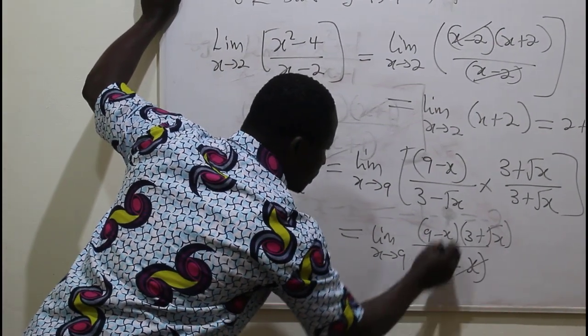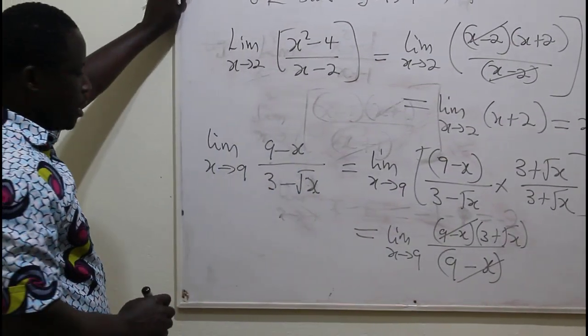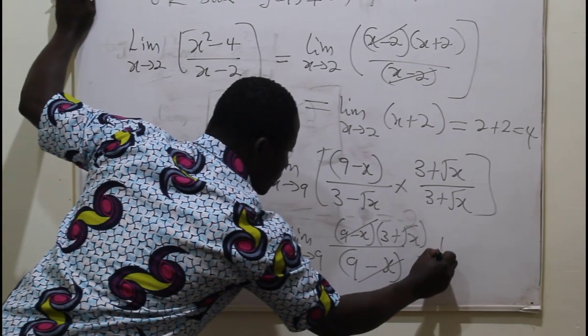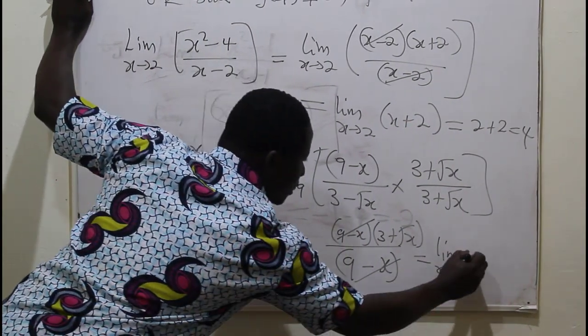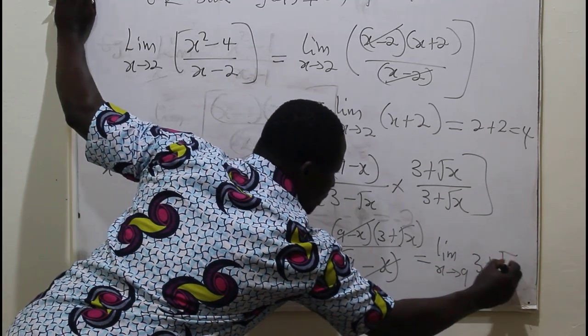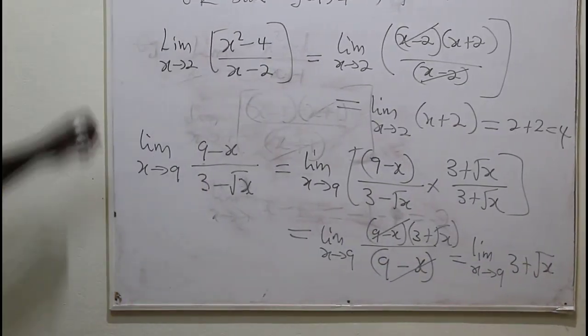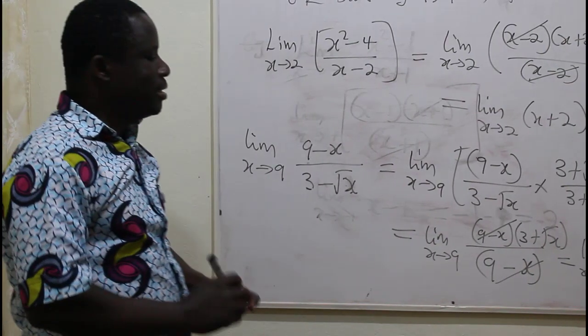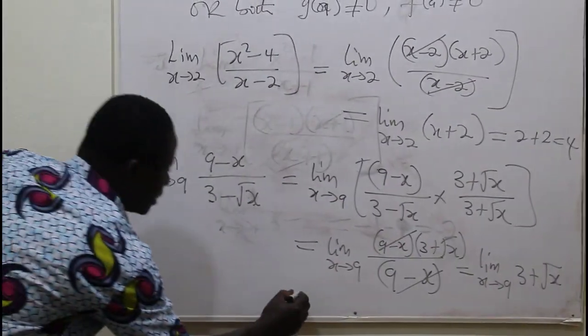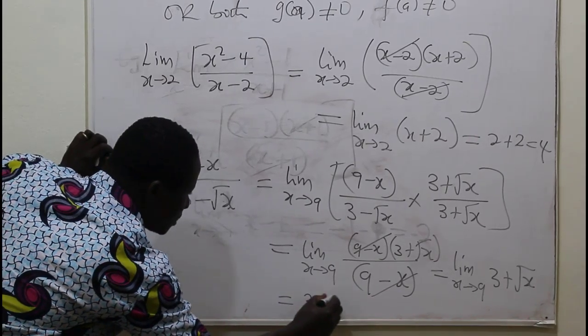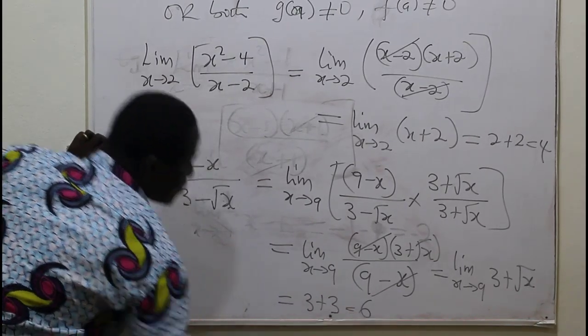So these two factors will cancel, and the result here will be the limit as x approaches 9 of 3 plus root x. And as x approaches 9, root 9 is 3. So the answer is now 3 plus 3, which is 6.